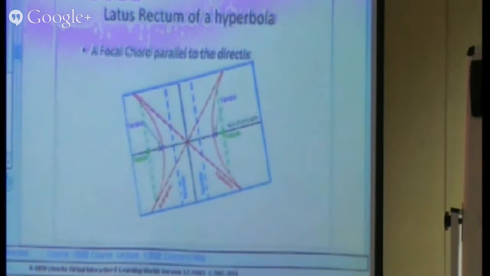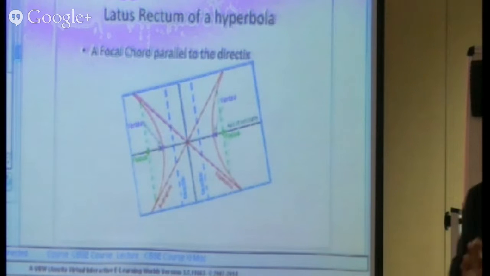What does it mean? Focal chord means, what is a chord? It is a line segment joining any 2 points. Suppose we are talking of a circle. You take 2 points on a circle and join them, you get a chord.